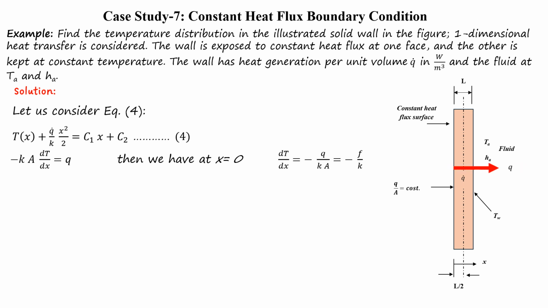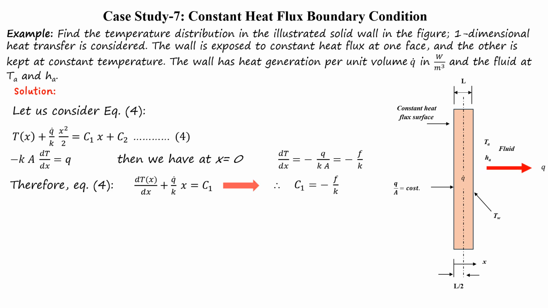And then if we take this expression and use it in equation number 4, then we will get a form for C1 equal to minus F divided by k.